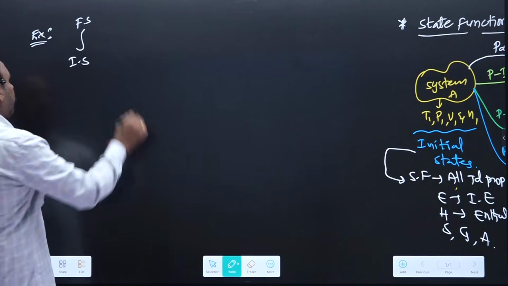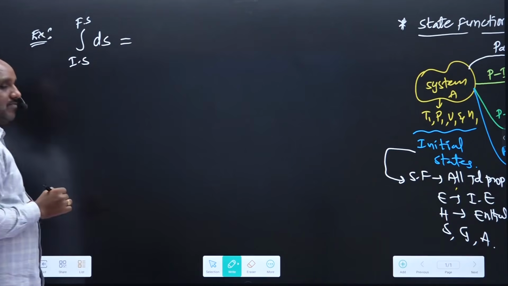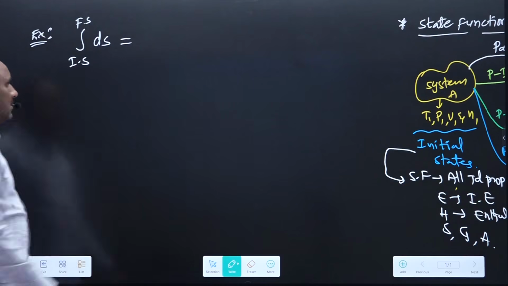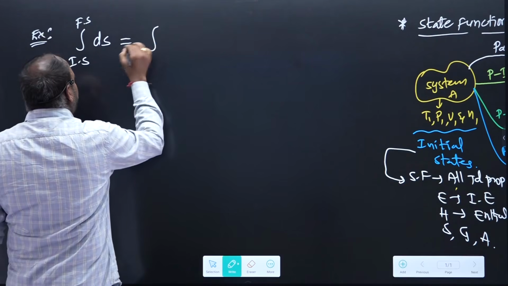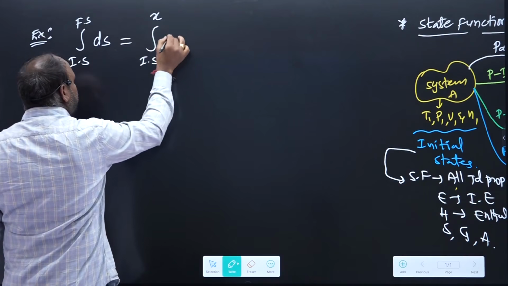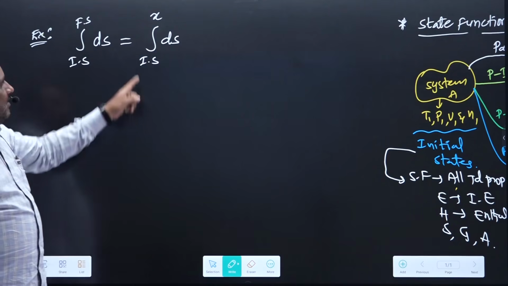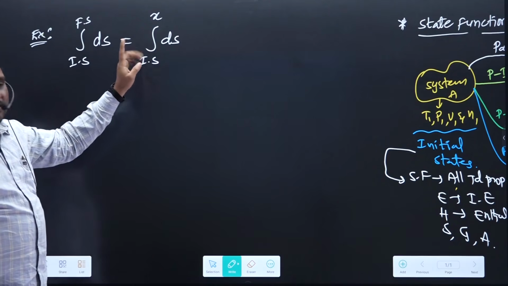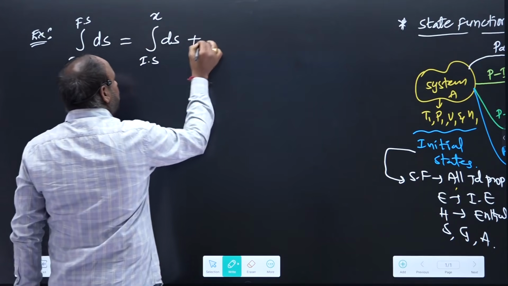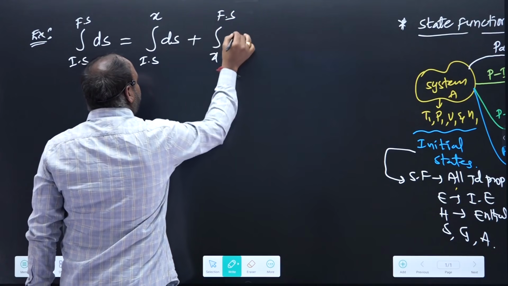During this, the change of entropy is equal to the integral from the initial state to some x value of ds, which is one of the pathways, plus the integral from that x to the final state of ds.